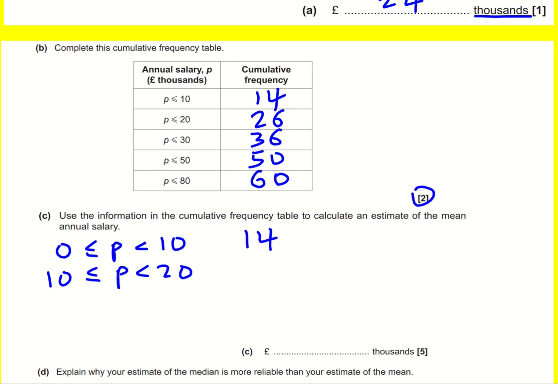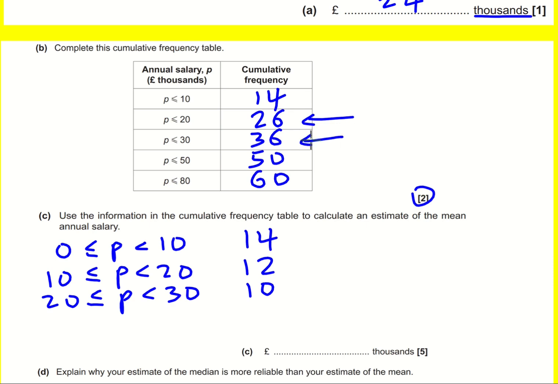Okay, and this is where I need to do the opposite of what I'd normally do. Normally we add them up to get the cumulative frequency. I'm going to need to do some subtractions now. So this is going to be 12 to get me to 26. So I'm finding the difference between 26 and 14. Then it's going to be 20 to 30. And that frequency is going to be 10 because it's what I need to get to 36.